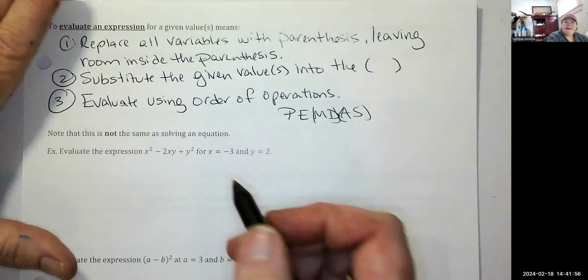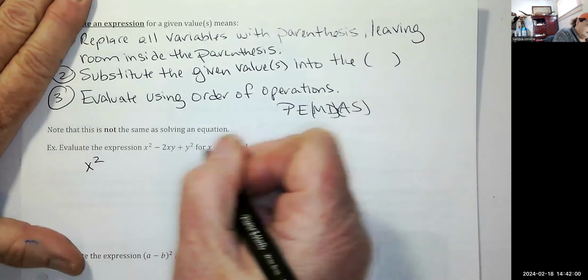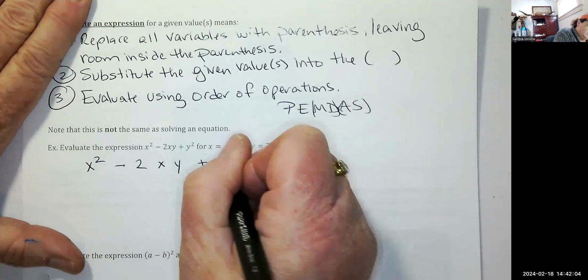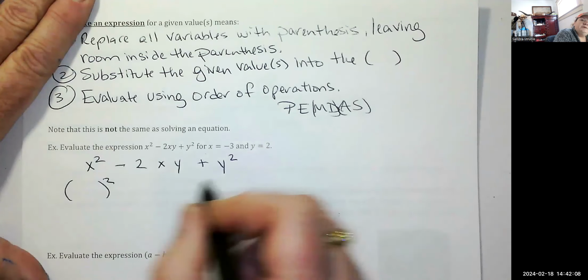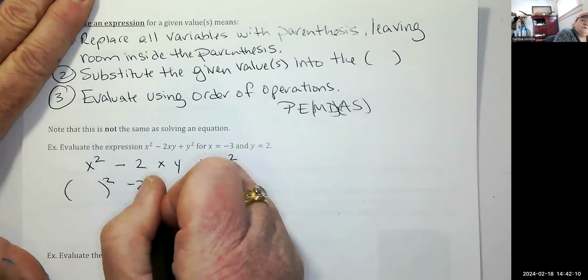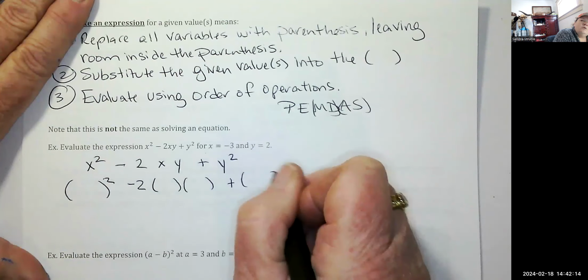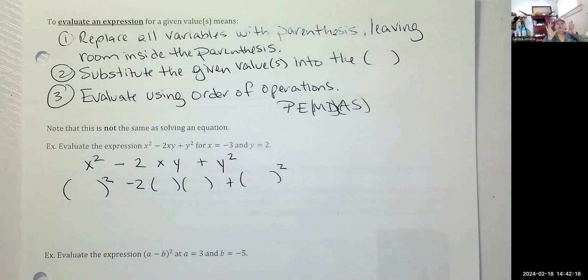So the first thing I'm going to do is rewrite this. I've got x squared minus 2xy plus y squared. So I've got an x squared minus 2, an x and a y plus a y squared. All right, I've replaced all of the variables with parentheses.